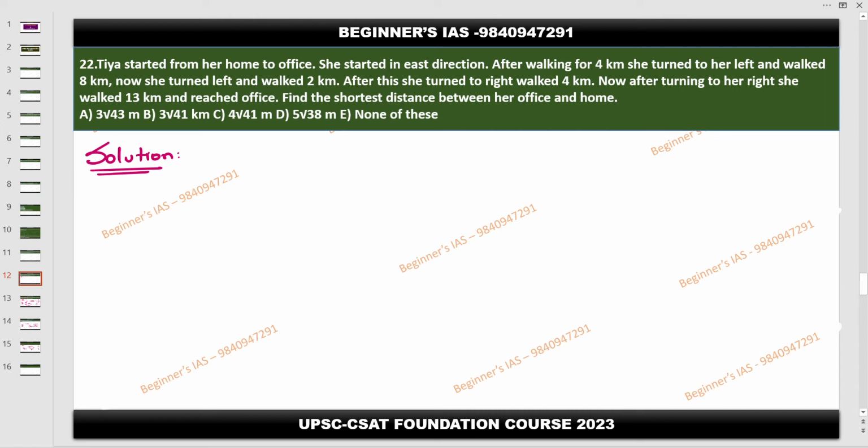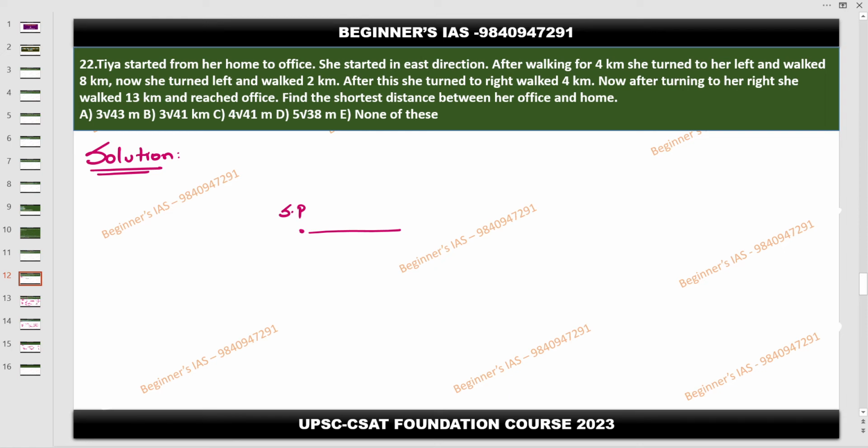Dia started from her home to the office. She started in the east direction. Then fix the starting point, then move in that east direction.